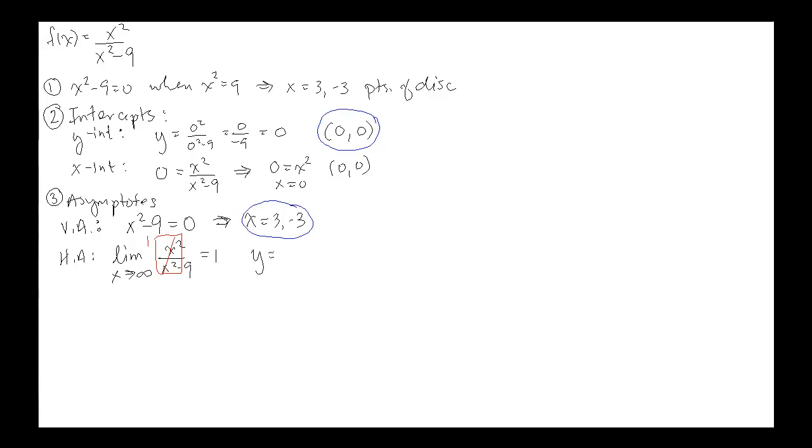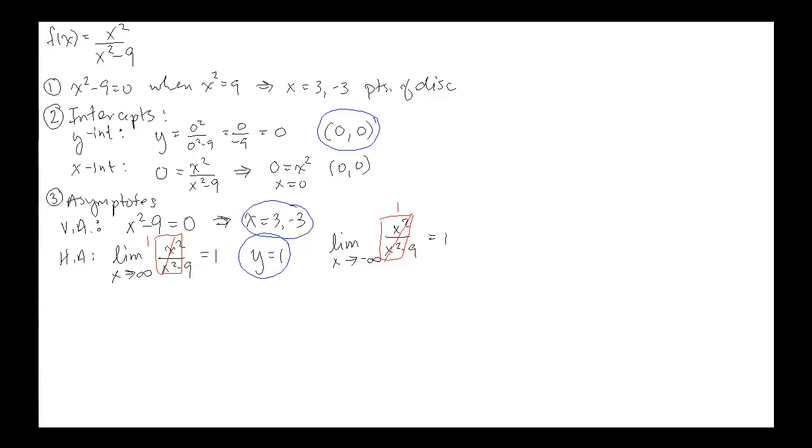So y equals 1 is a horizontal asymptote in the positive direction, and we can also check to see if we have one in the negative direction. And we in fact do. Again, we only pay attention to the leading terms, and it is also 1. So y equals 1 is our horizontal asymptote in both directions.